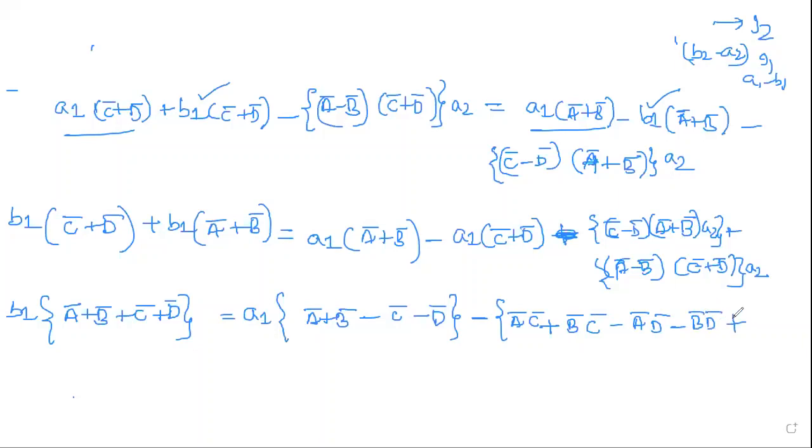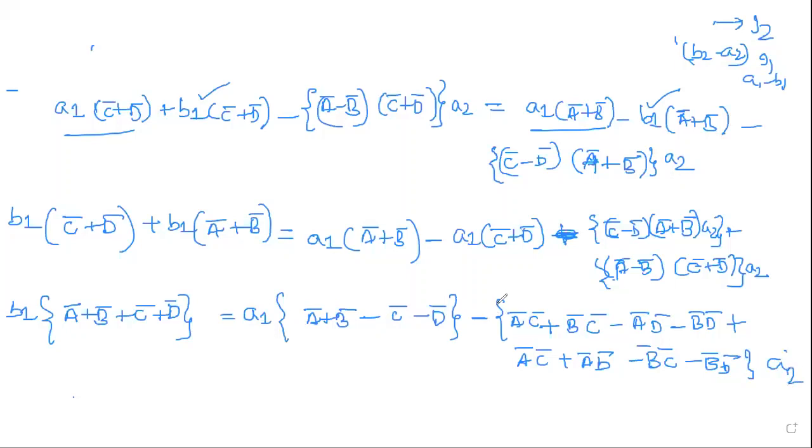A2 I'll take it outside, plus A bar C bar, this is again A bar C bar plus A bar D bar minus B bar C bar, and you have minus B bar D bar, which is into A2.